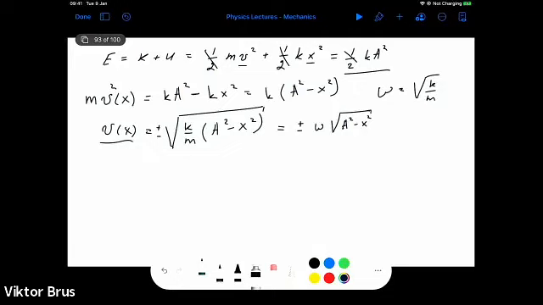Okay, so this is an equation which gives us the relationship between velocity at any position x, and this is what we can easily get from the concept of total mechanical energy of simple harmonic motion, which is equal to a constant, 1 over 2 times ka squared.